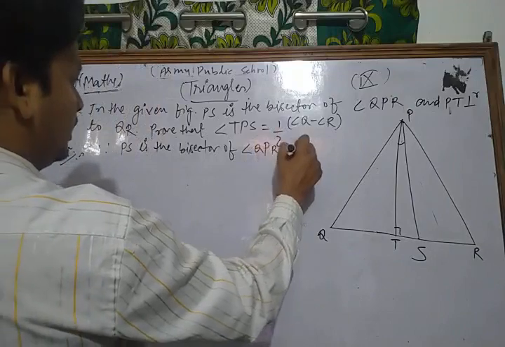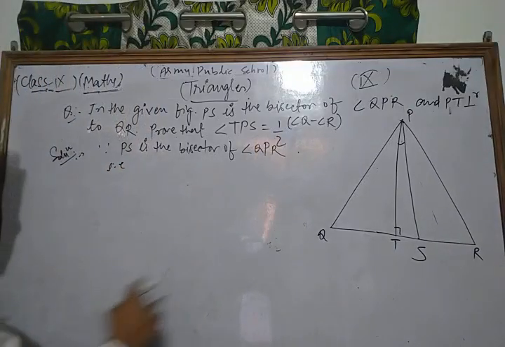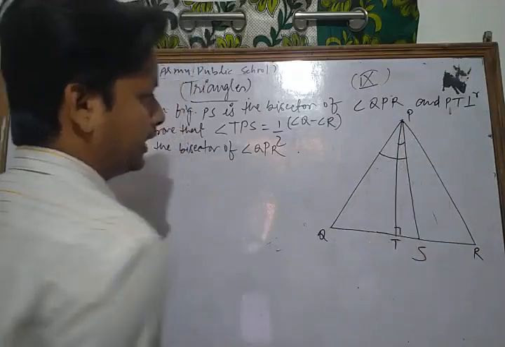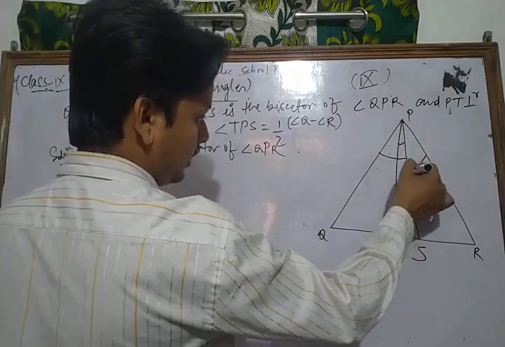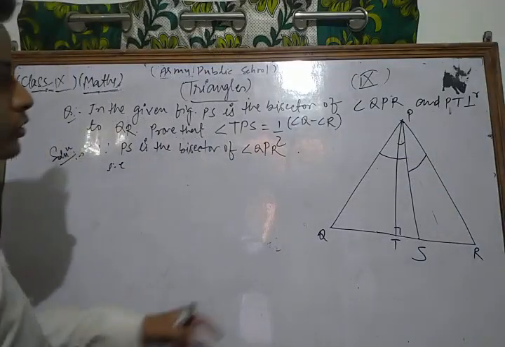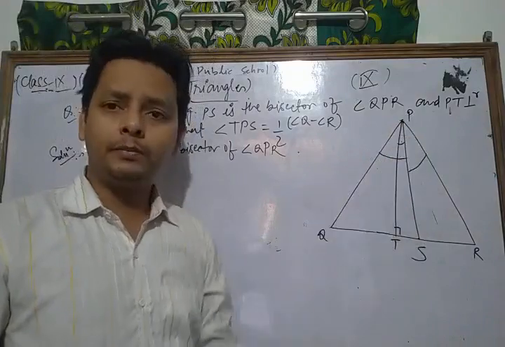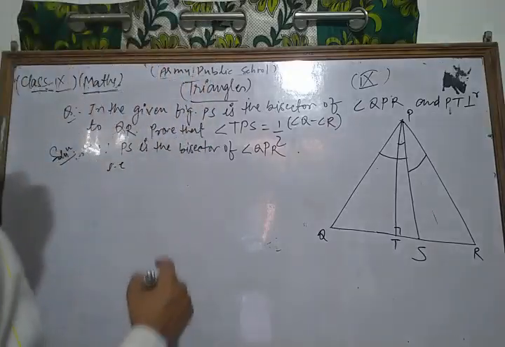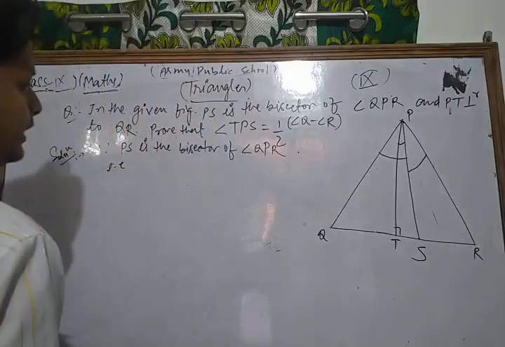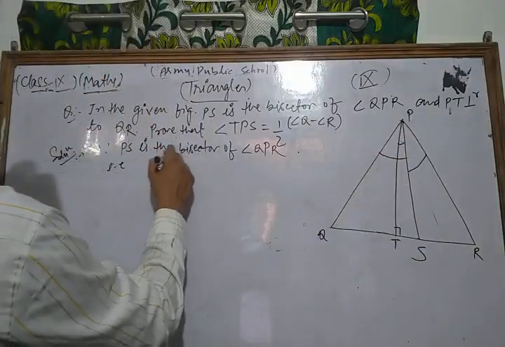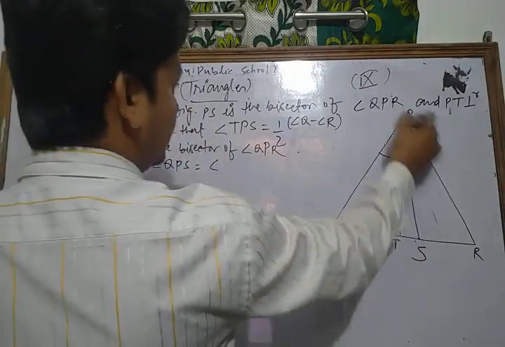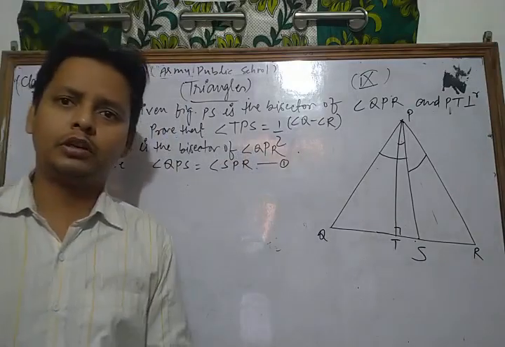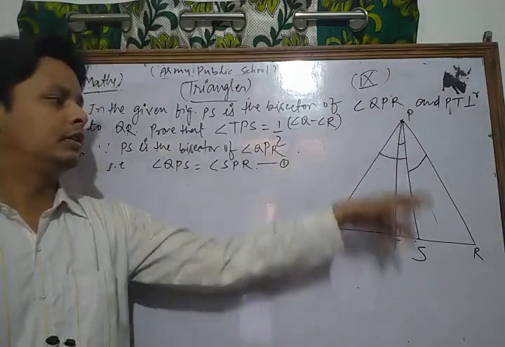So we get angle QPS is equal to angle SPR, because the bisector of an angle divides it into two equal angles. Take this as equation number 1.